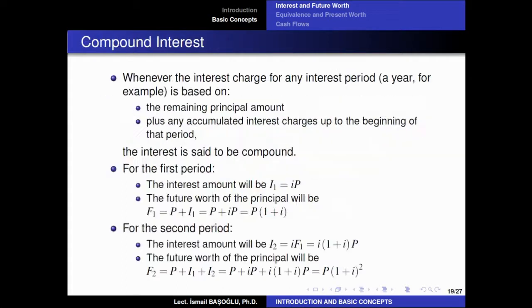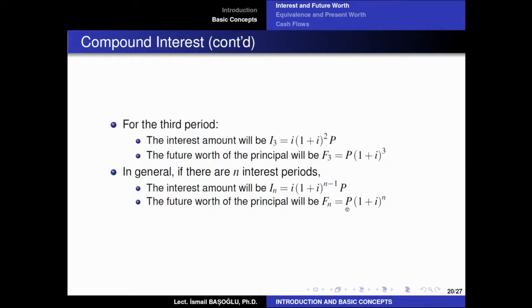However, here you can see that the future worth under compounding interest is an exponential function of the number of interest periods. The future worth is calculated as P times (1 + I) to the power n. N here is in the power.